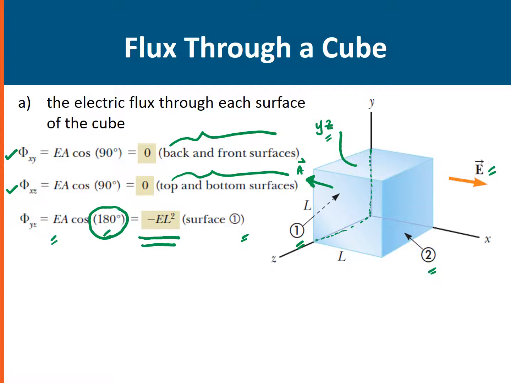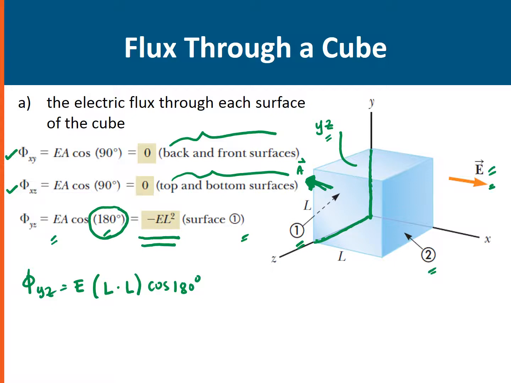Recall that electric flux is equal to the electric field multiplied by the area, and since this is a cube, the area is L times L, cosine 180, mainly because our area vector points in the opposite direction to our electric field.